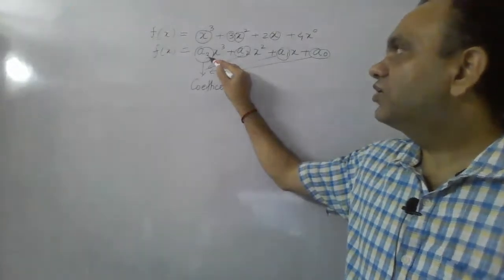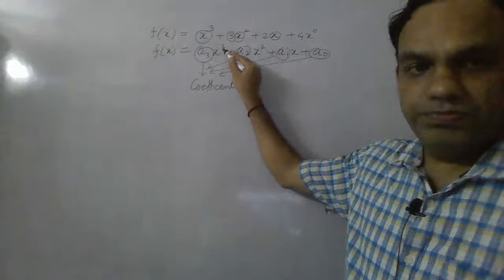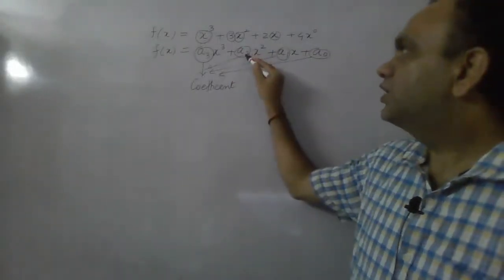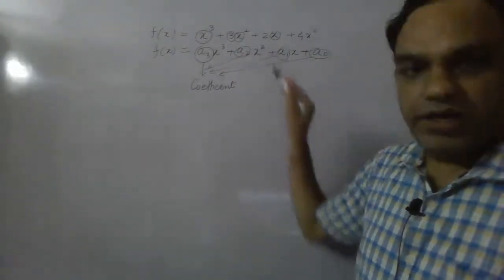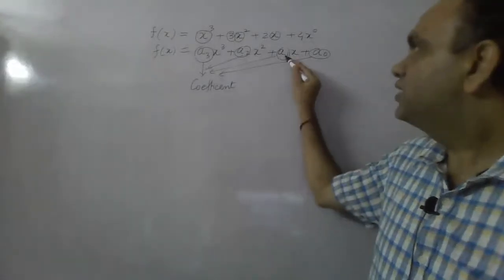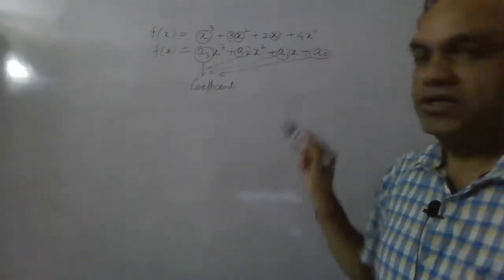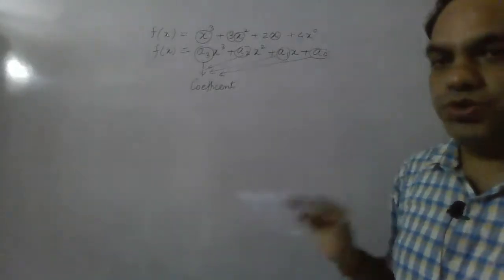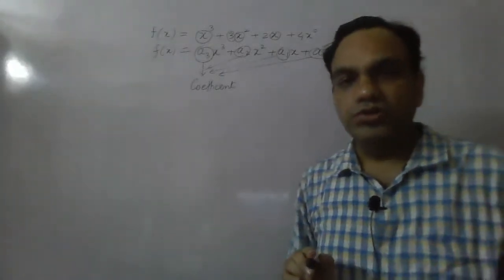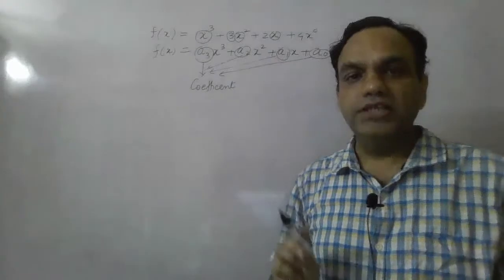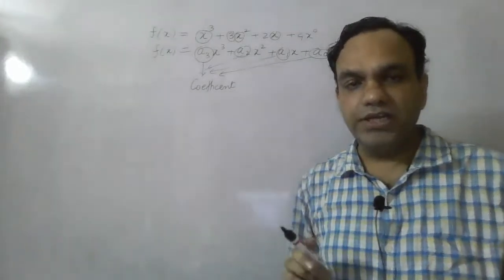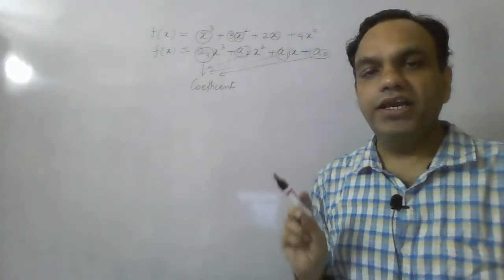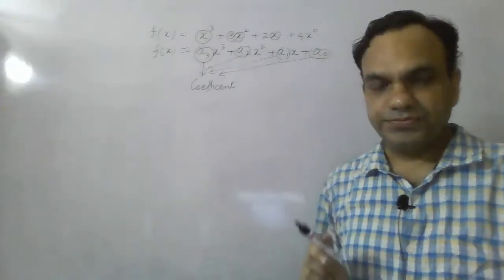Here a3 is the coefficient of x cube, a2 is the coefficient of x square, a1 is the coefficient of x, and a0 is the coefficient of x raised to 0. So what we learned as of now is what a coefficient is and what the degree of a polynomial is.